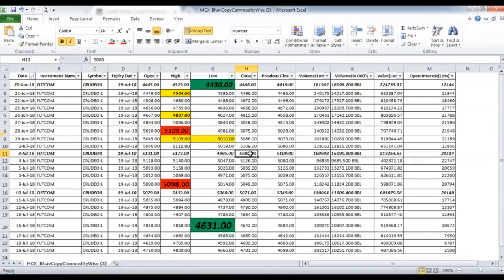Now, on this particular day, you got to know that this is a resistance, yes or no? When it closed below this. On this day, is it going above 5109, correct? It's going above this, correct? Okay. Now, if that is the case, is it returning back? The answer is no. Okay.